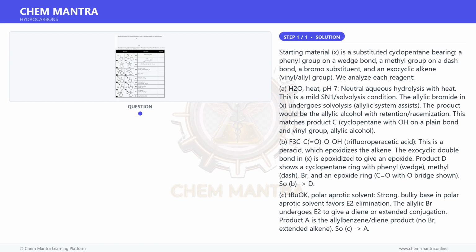Summary of matches. A: C, neutral hydrolysis, allylic alcohol. B: D, peracid epoxidation. C: A, E2 elimination to diene. D: F, ozonolysis plus oxidative workup to carboxylic acid. E: I, Br2 addition, vicinal dibromide.